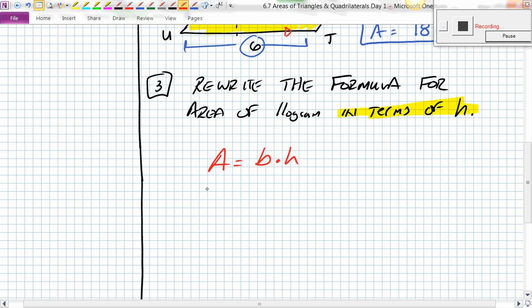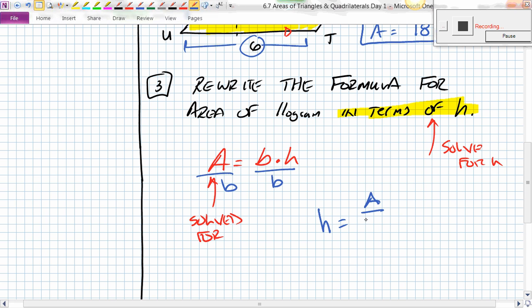So right now, notice that area is the one that is solved for, right? What this question is asking me is to do what? Solve for what? You got it. So how would I solve for H in this equation? What do I do? Divide by B. So therefore, H has to be the area divided by the base.